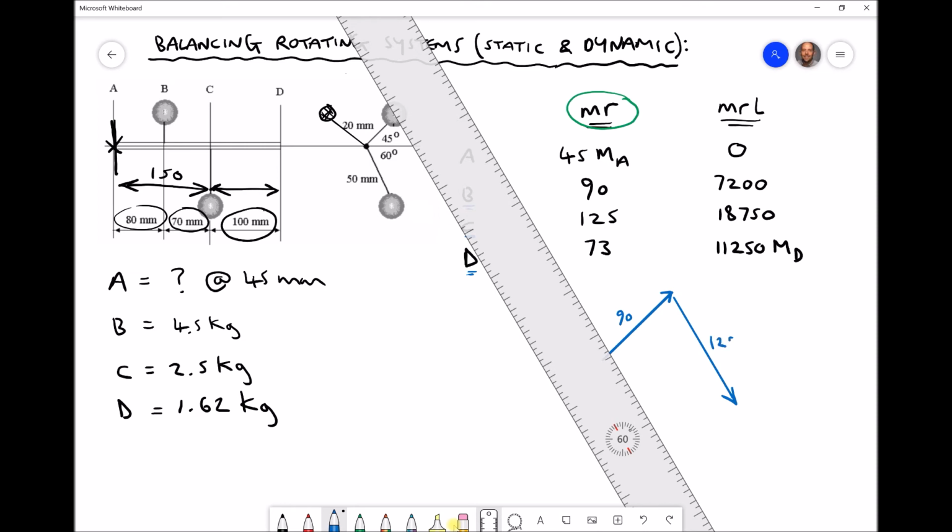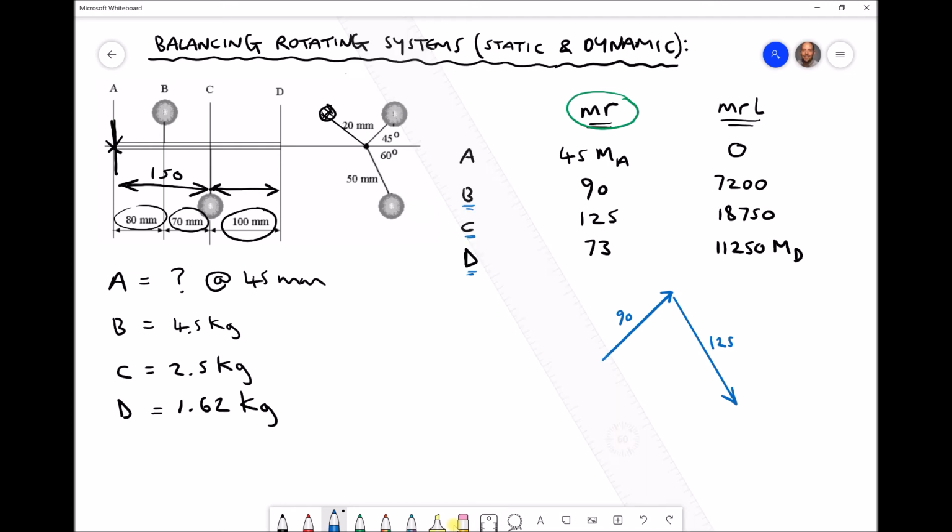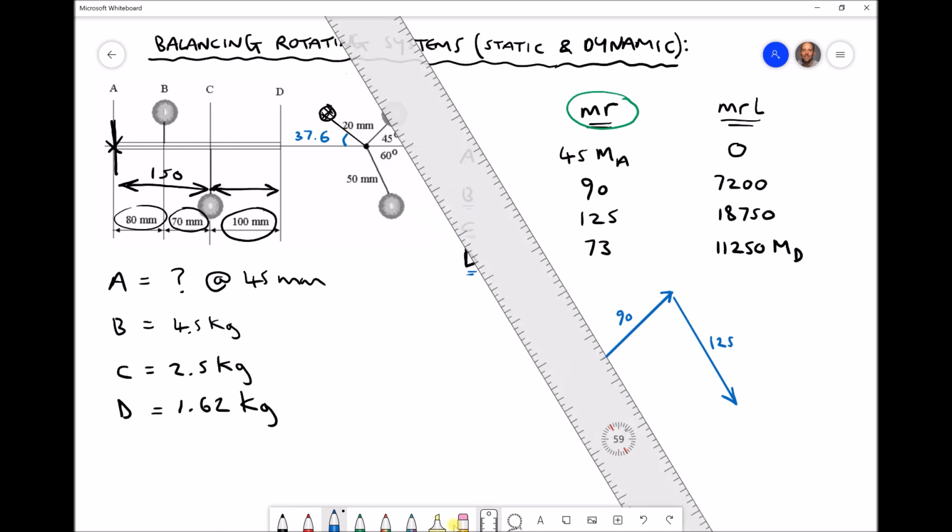Vector D, we can see has a magnitude of 73, and we know its angle to be 37.6 degrees from the horizontal here. Recall that that internal angle there corresponds with a bearing of 142.4 degrees.